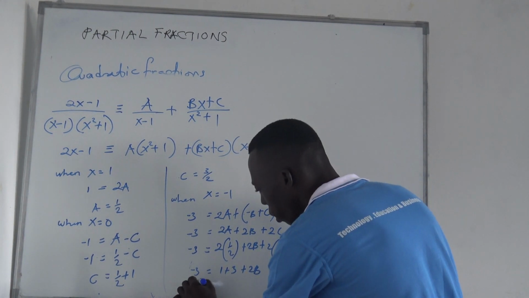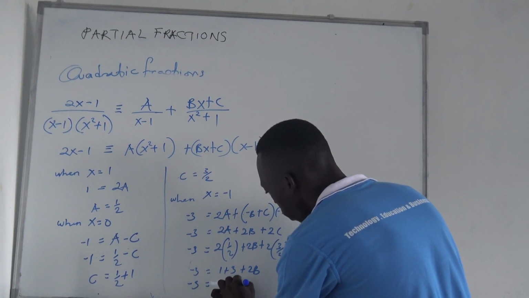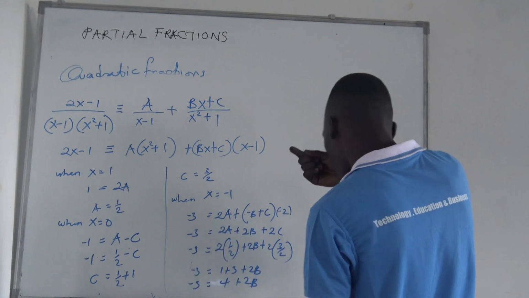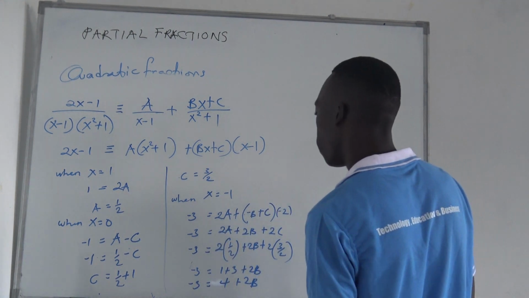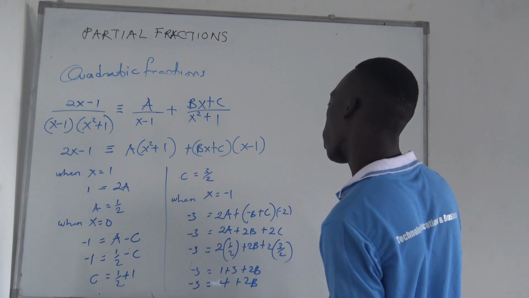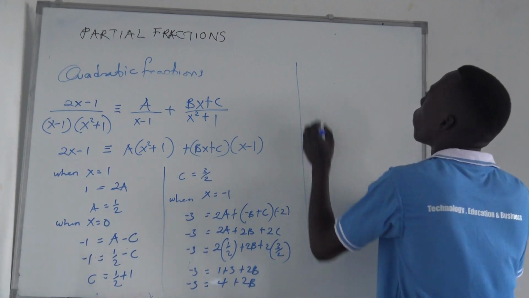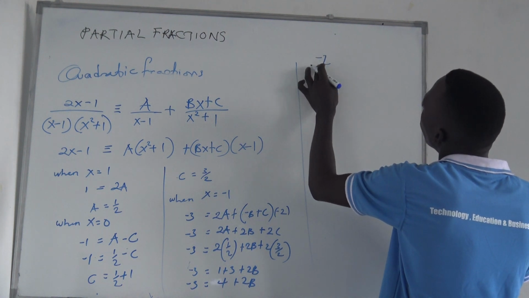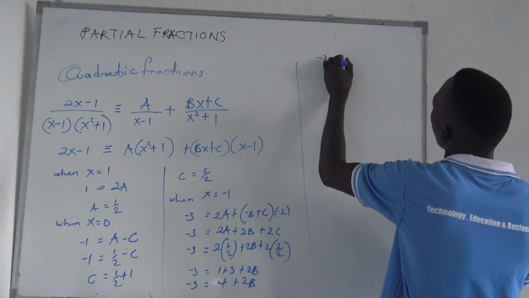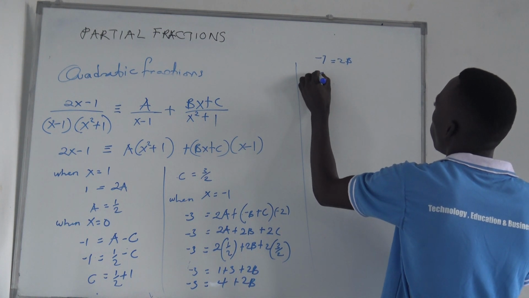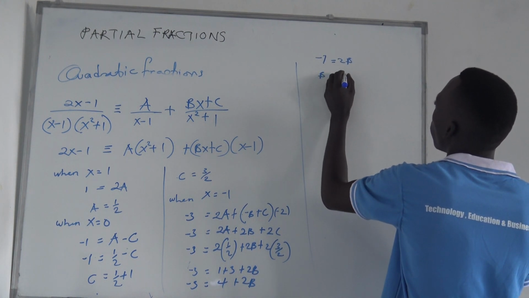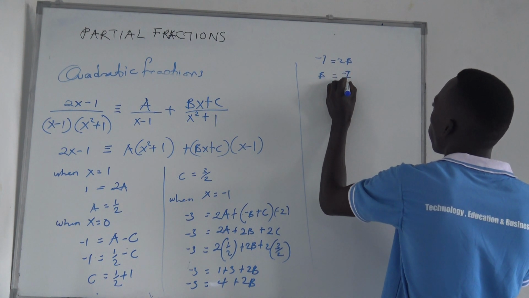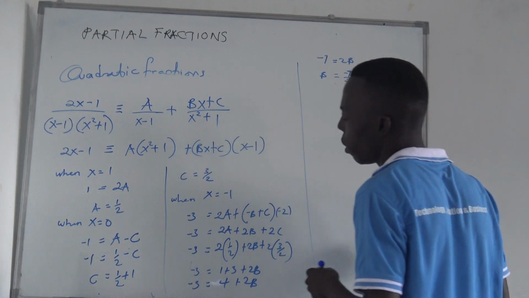So negative 3 equals 4 plus 2B. Taking this to the other side gives us negative 7, so negative 7 equals 2B. So B is negative 7 out of 2 as the answer.